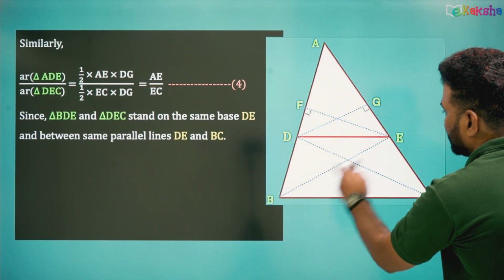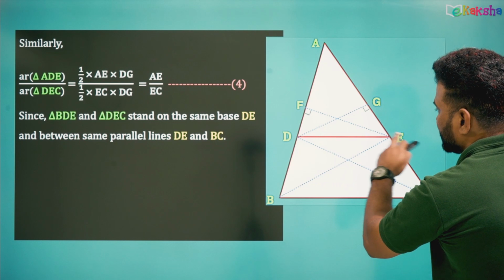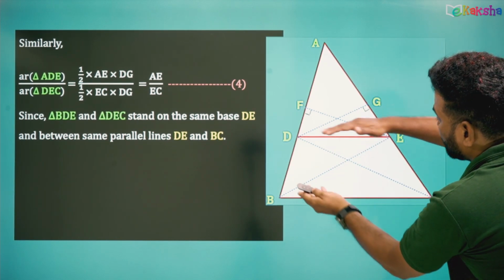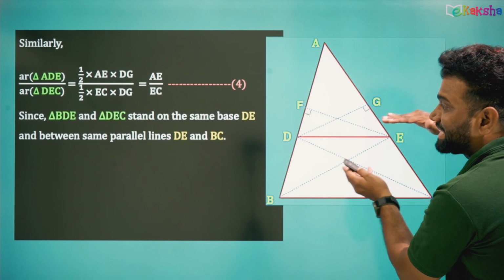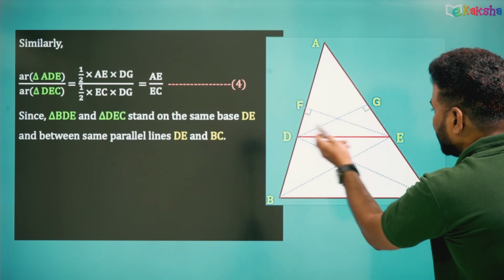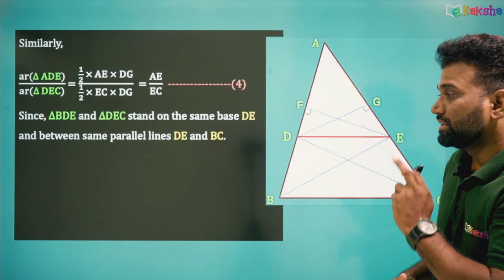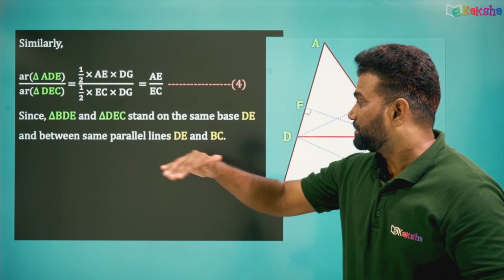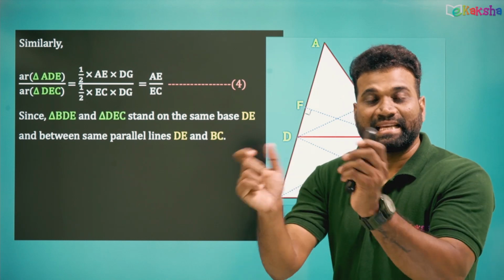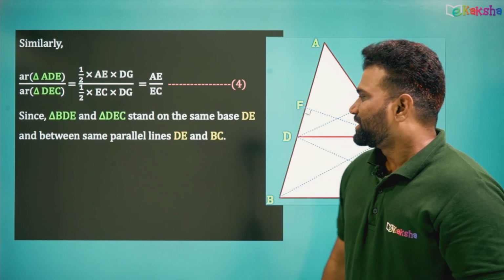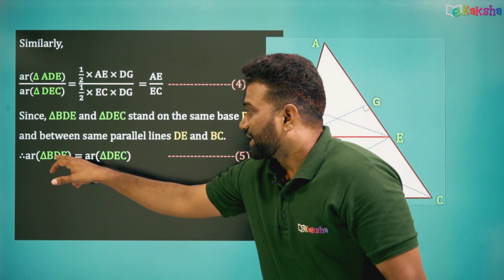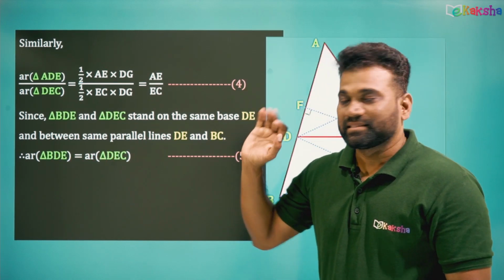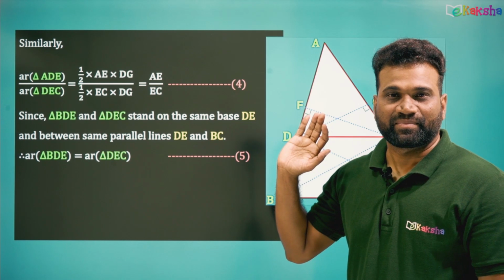For these two triangles, they have the same base DE, as well as both triangles lie between the same parallel lines, BC and DE, right? And we know that when two triangles have the same base and lie between the same parallel lines, their areas are equal, right? So we can say area of triangle BDE is equal to area of triangle DEC. So let's give equation number 5.